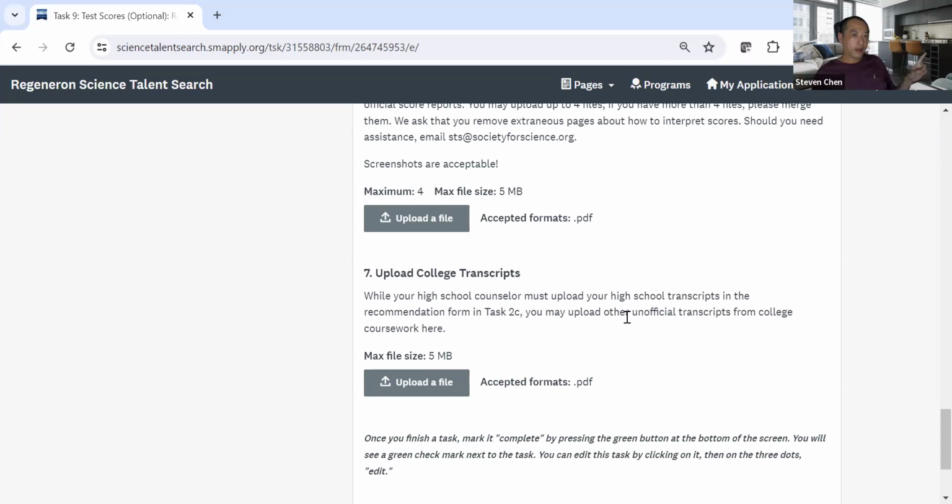Here's the thing. If you look at the past STS winners, many of them started to take college level courses when they were in high school, maybe as early as 9th or 10th grade. It is because of how you do advanced research in STEM.